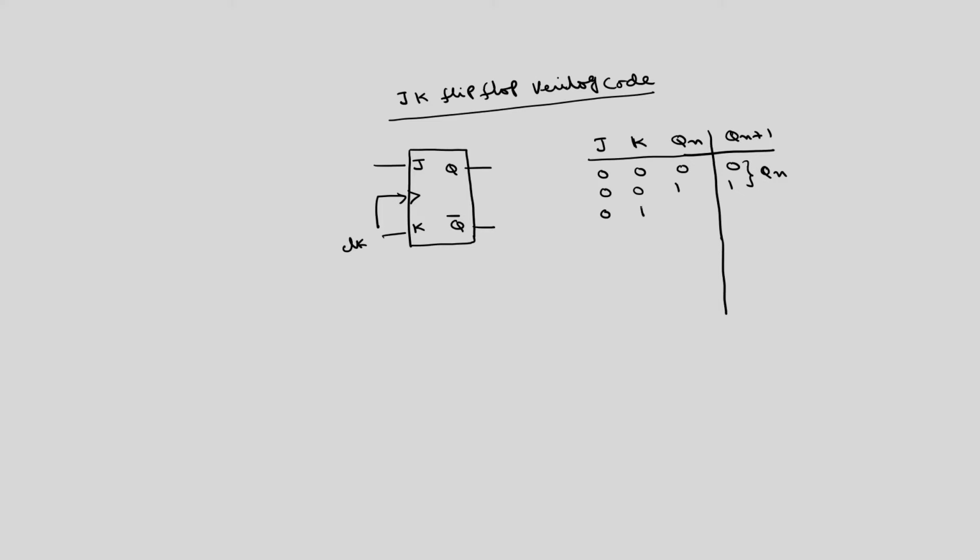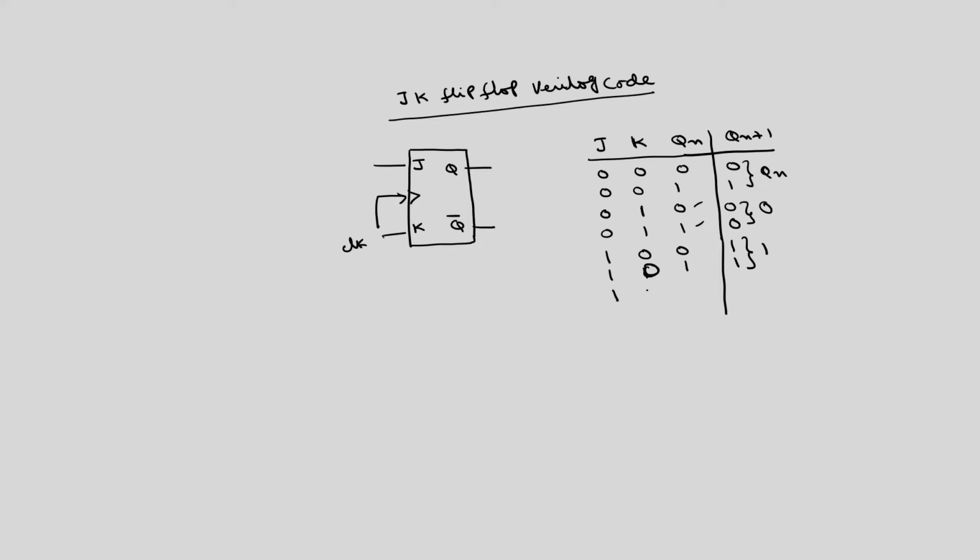If J is 0, K is 1, regardless of the previous state, output remains 0. This is independent of the previous state. Conversely, if J is 1, K is 0, regardless of the previous state, the output remains 1.